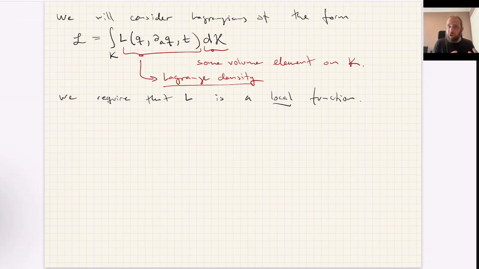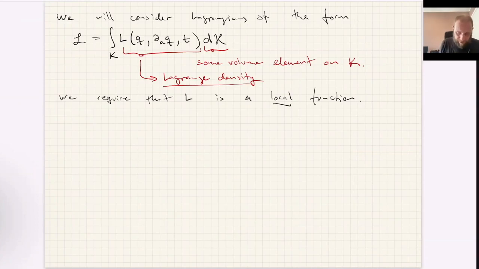I have no cross terms in the integrand where q at one position appears together as a product with q at a different position. So that's a local theory.